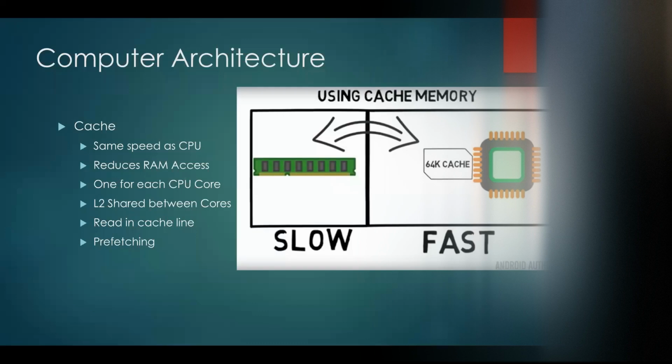Well, someone had the idea of saying, why don't we just take a little piece of that memory and throw it right inside the CPU, and use that effectively as a cache, right? So the idea is that the cache runs at the same speed as the CPU. It's actually part of the CPU, so the CPU has registers, and now it also has this cache.